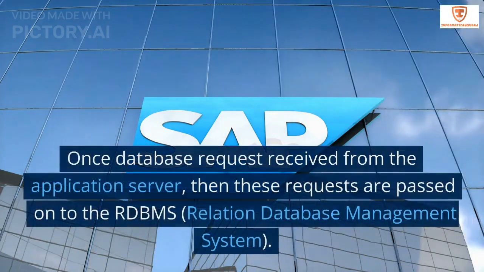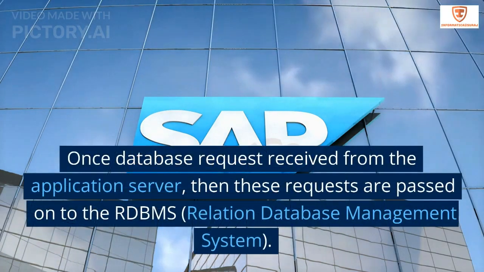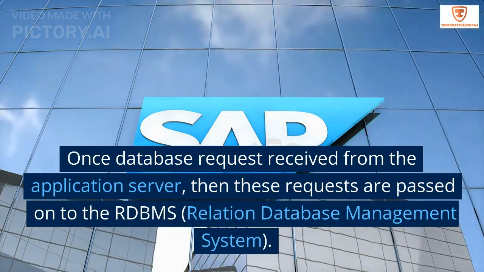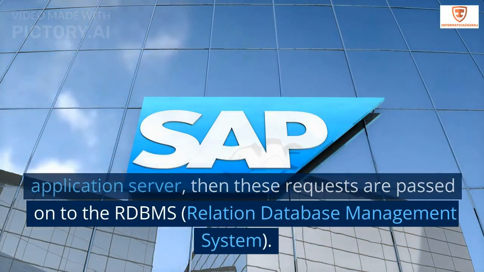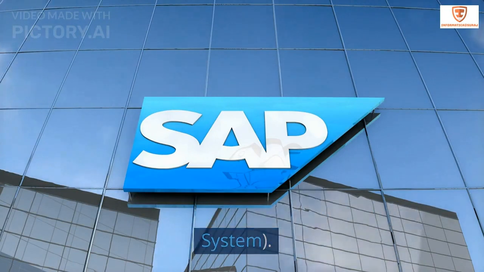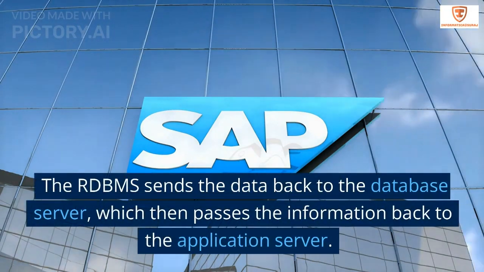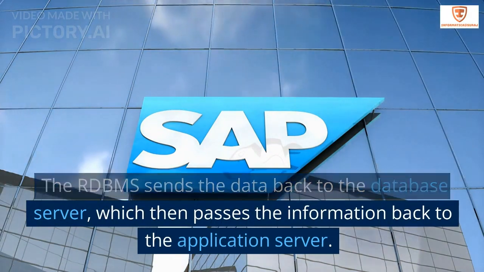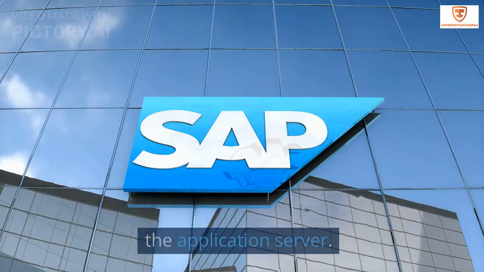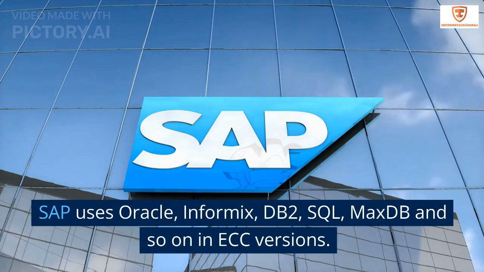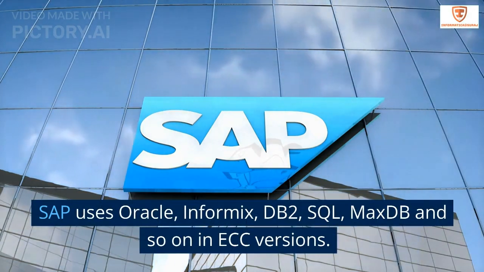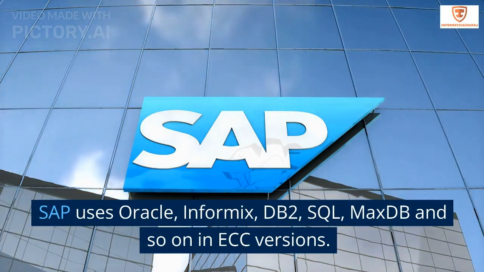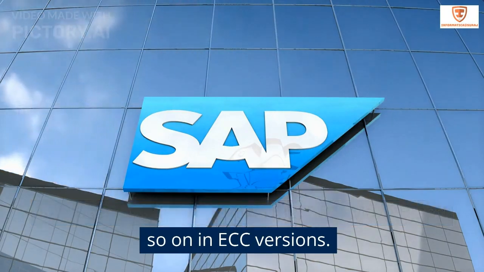Once a database request is received from the application server, the request is passed on to the RDBMS, Relational Database Management System. The RDBMS sends the data back to the database server, which then passes the information back to the application server. SAP uses Oracle, Informix, DB2, SQL, MaxDB and so on in ECC versions.